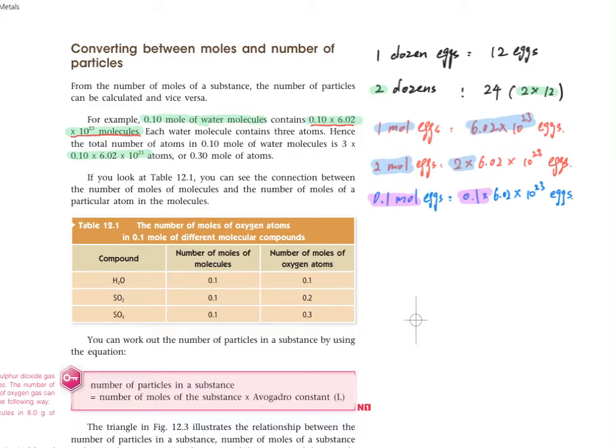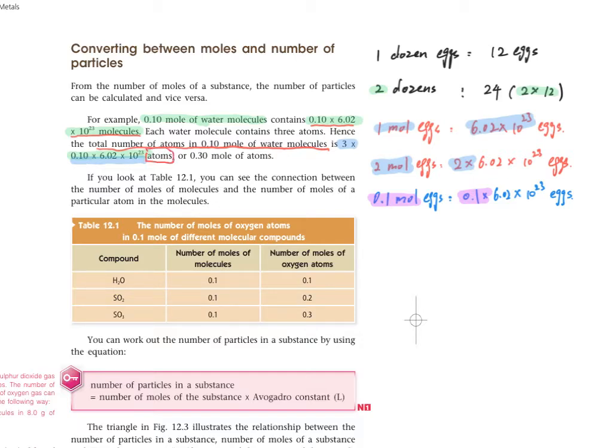The total number of atoms in 0.1 mole of water molecules should be 3 times 0.1 times 6.02 times 10 to the power 23 atoms.